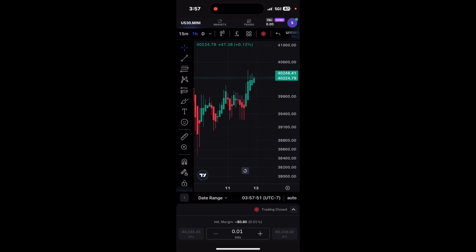You can practice and get the hang of it, and if you get good at it, you can slowly scale up. I would do the mini until you get to $1. That's personal preference, because by the time you get to that $1, you're ready to do the regular US30.